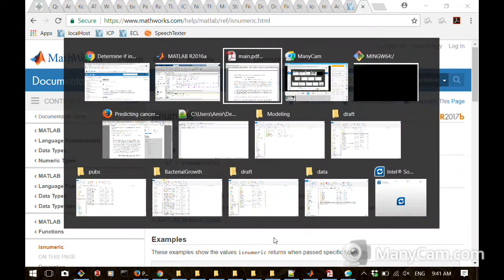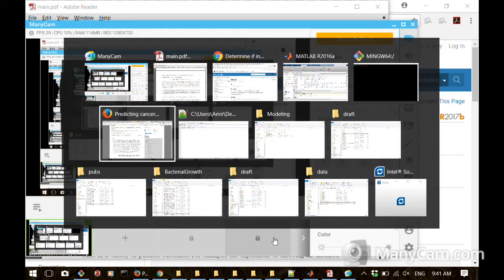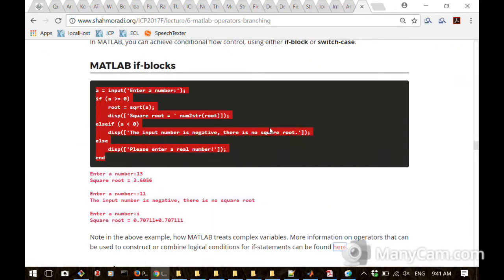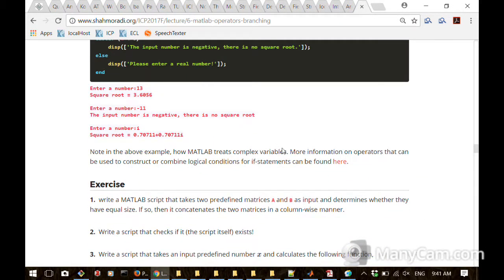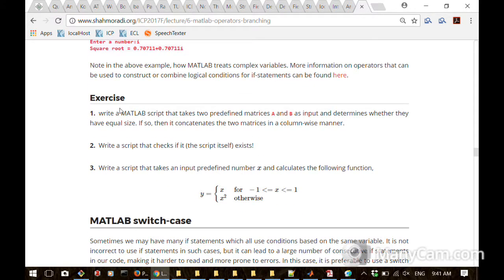Okay, so now I have a couple of exercises here. Write a MATLAB script that takes two predefined matrices, A and B, as input and determines whether they have equal size. How do you compare the sizes of two MATLAB matrices?